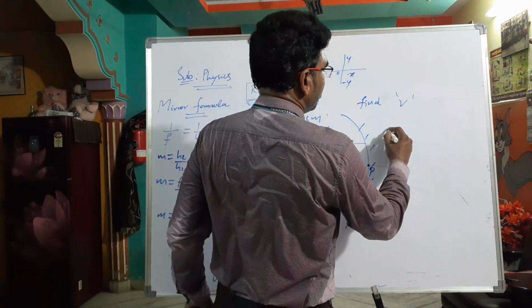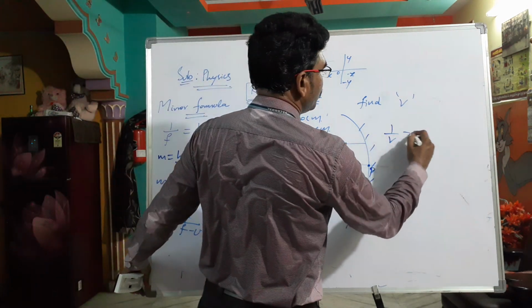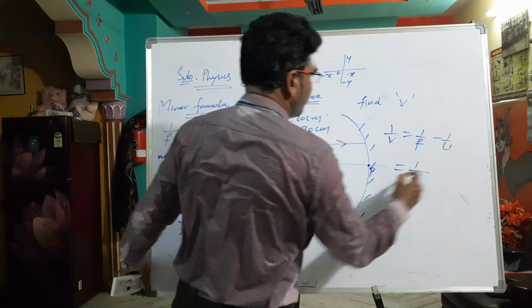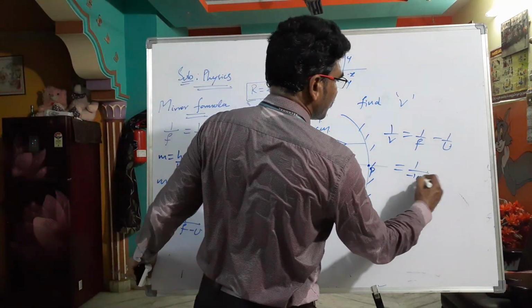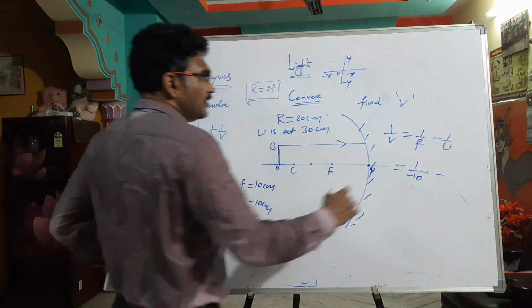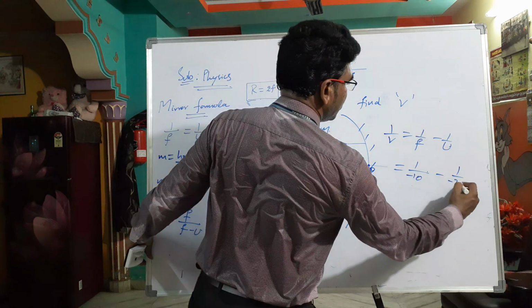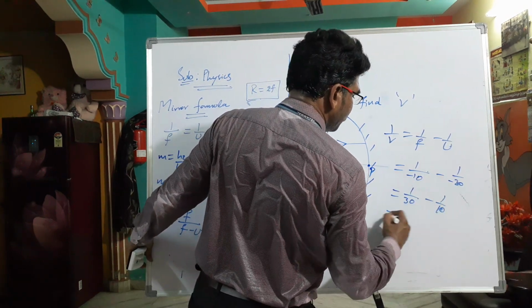Simple. We can say 1 by F is equal to 1 by U plus 1 by V. Then 1 by V is equal to 1 by F minus 1 by U. And 1 by F, what is the F value? Minus 10, minus 1 by U. So 1 by U, what is the U value? Minus 30. So it becomes 1 by 30 minus 1 by 10.